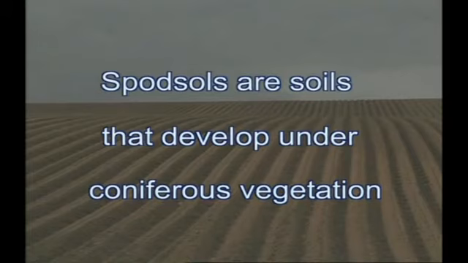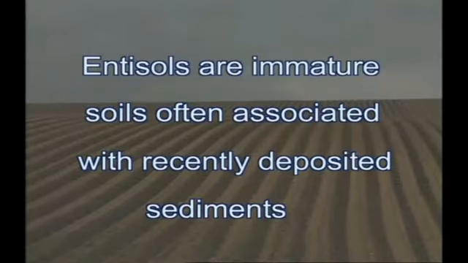This region receives a high amount of precipitation because of summer thunderstorms and the winter dominance of the mid-latitude cyclones. Spodosols are soils that develop under coniferous vegetation and as a result are modified by podzolization.